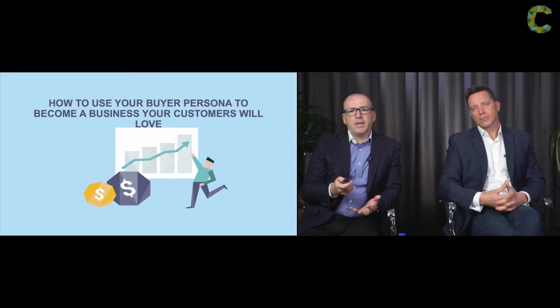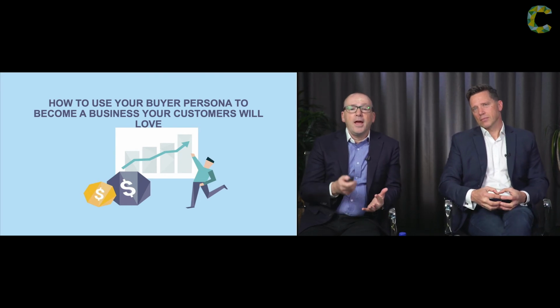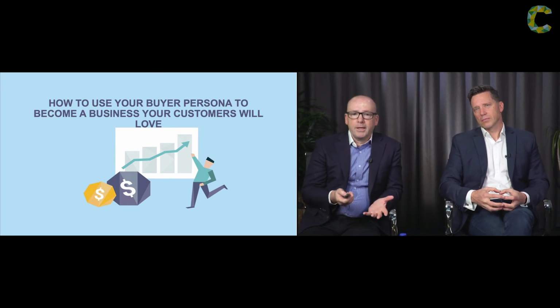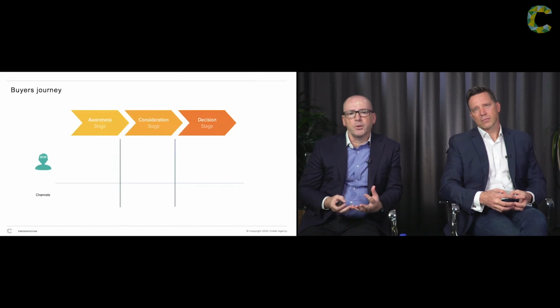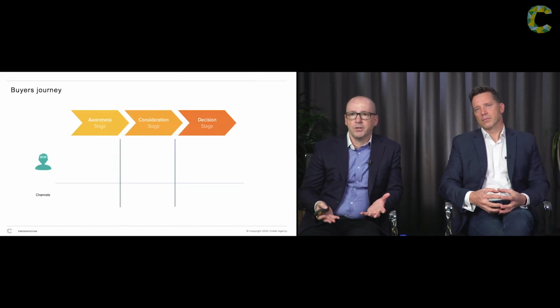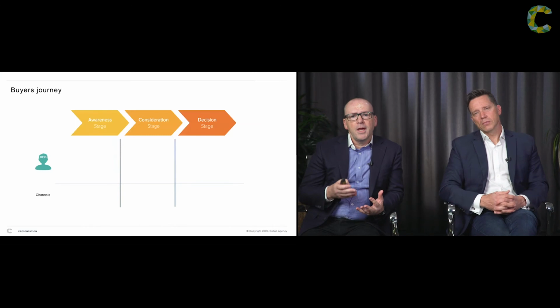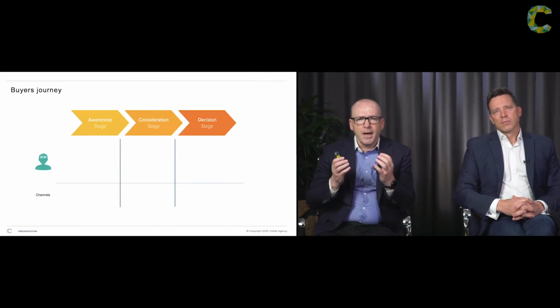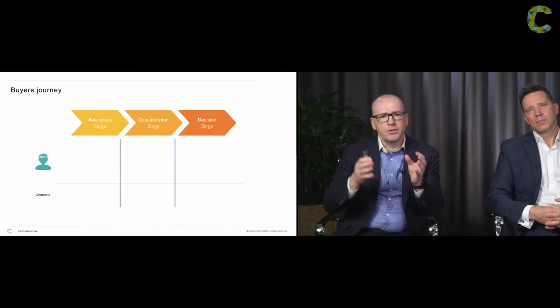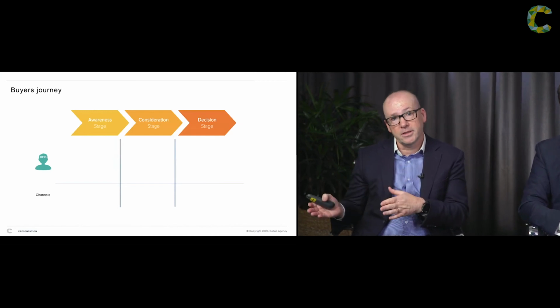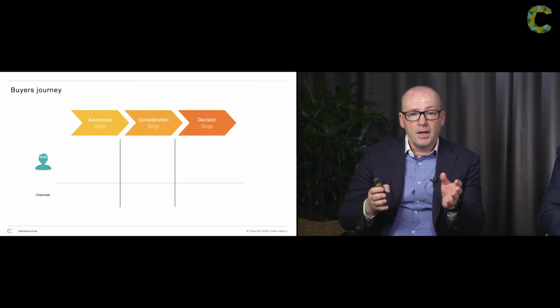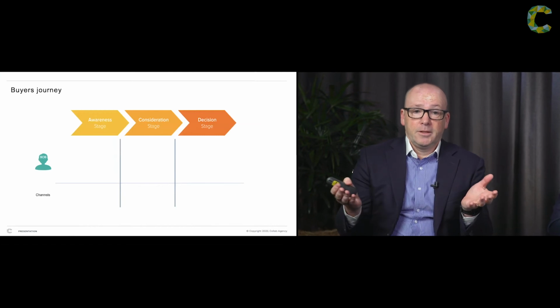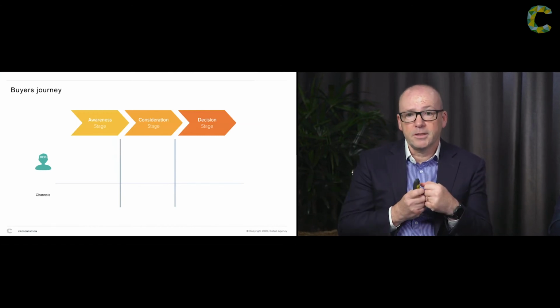So the question is, now we have our buyer persona, how do we inform our marketing? The first step is to look at the buyer's journey, or the customer journey you may be familiar with. The buyer's journey is the awareness stage, to consideration stage, to final decision stage. For Bob, the need might emanate from the sheer fact that he needs to grow his business.